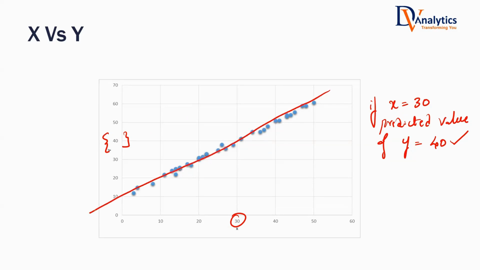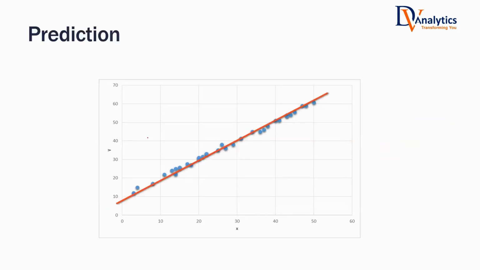Yes or no? Once you imagine that line, you forget about the data points. You don't care about the data points. After that, you started drawing from X is 30. It hits the line here, and then roughly it is 40. Is that the procedure that you followed to come up with the number 40 as the predicted value? Yes, sir. We have imagined a line that represents our data. Yes or no?